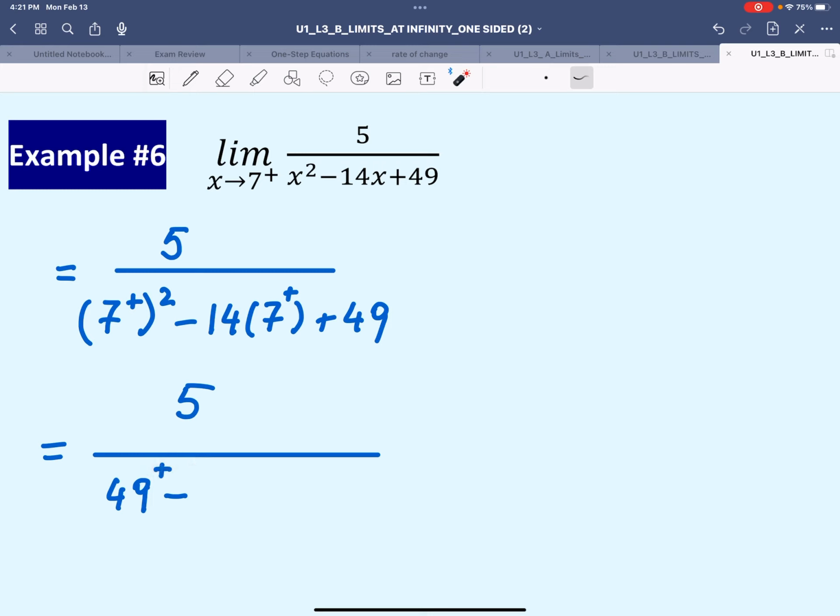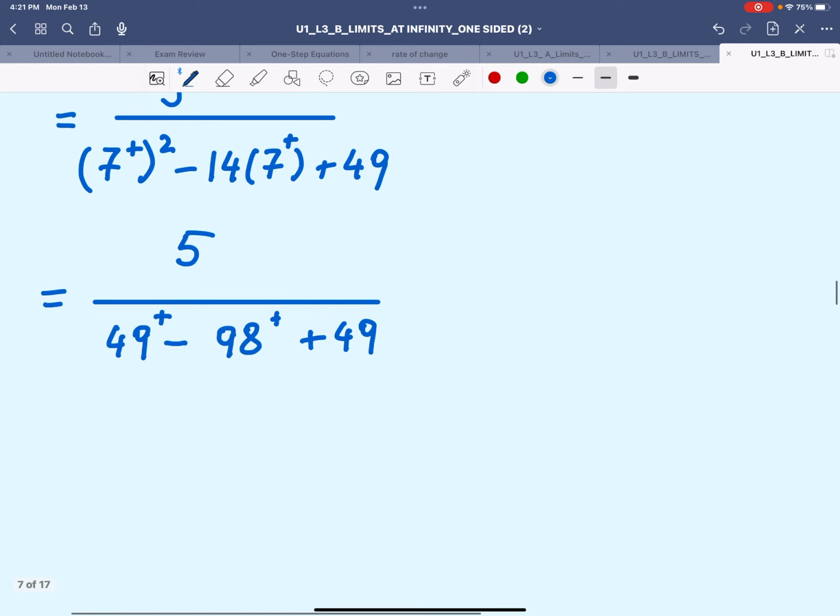Now 14 times 7, that would be equal to minus... just multiply these two together. 14 times 7 is 98. So that would be 98 and a little bit more, and then plus 49. There is more that I can simplify here.